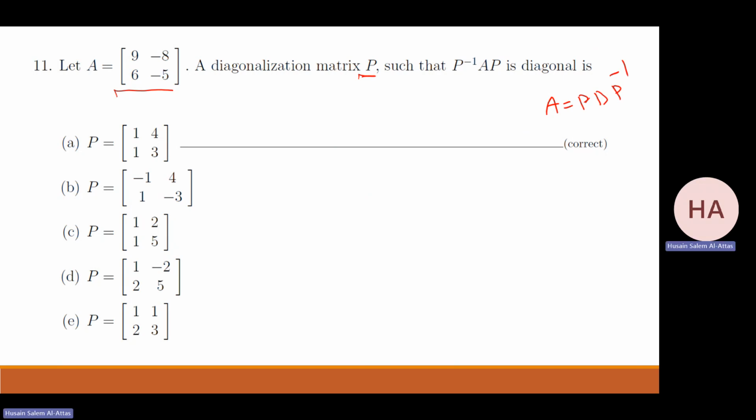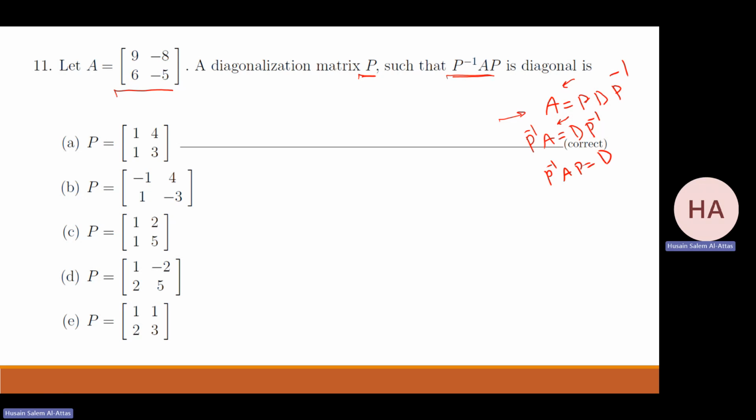So you want this to be diagonal, B inverse AB, multiply by P inverse from this side and by P from this side. I have P inverse A, that will be P inverse times P, which is I. Now multiply P from this side. So I have P inverse AP equal D. So I'm doing the same thing. It's P, not B inverse.